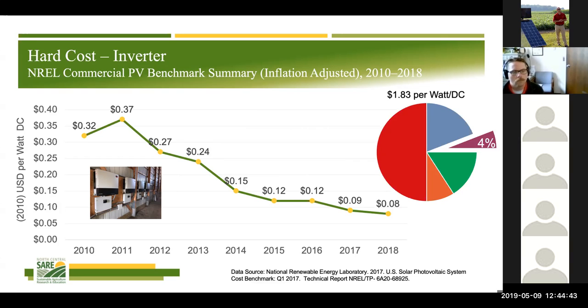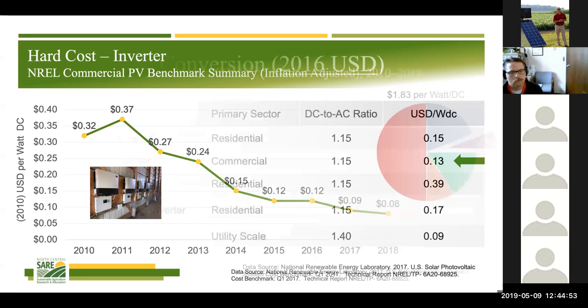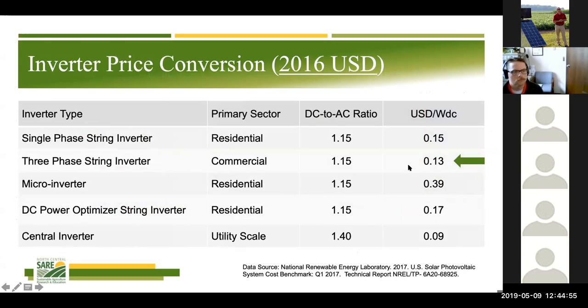So right now, I want you to pay attention to this 2016 number of 12 cents per DC watt for the string inverter. That's what we're going to show in this chart here. The most current data I had was 2016, but it's showing the variation of cost per DC watt for the different types of inverter technology.